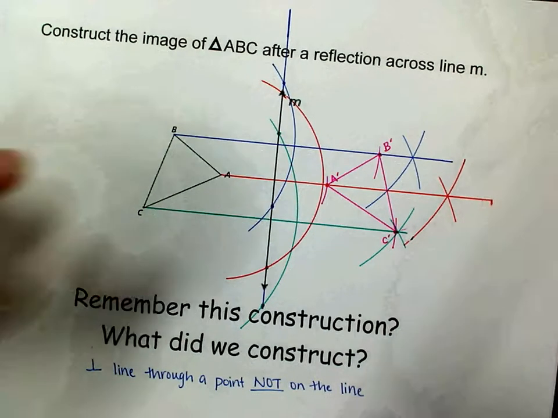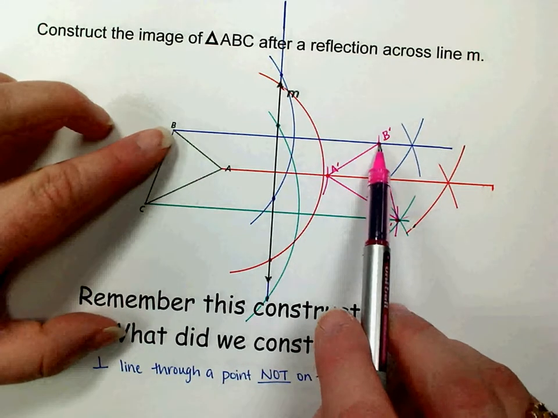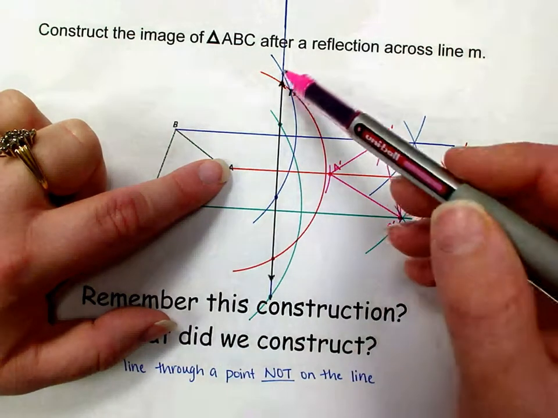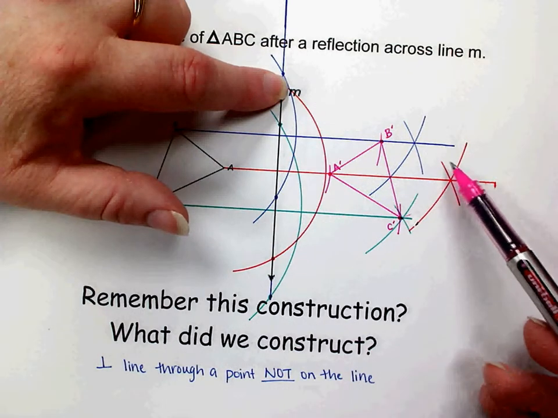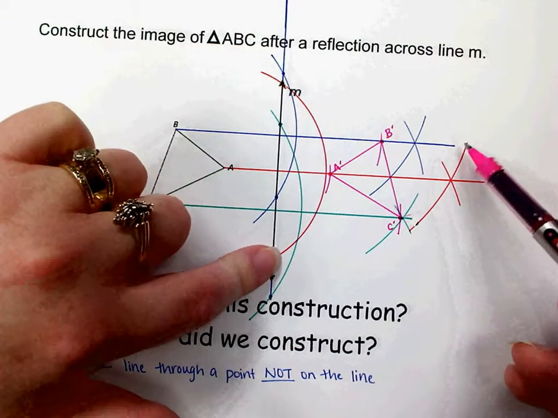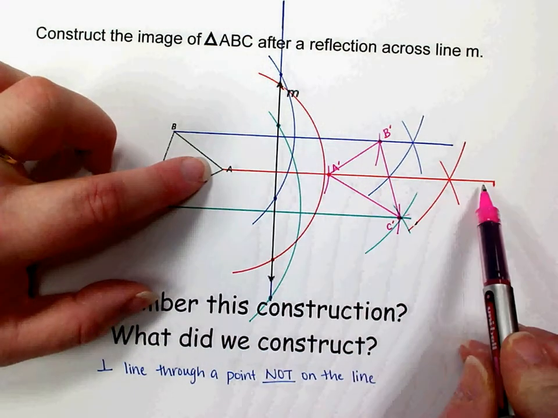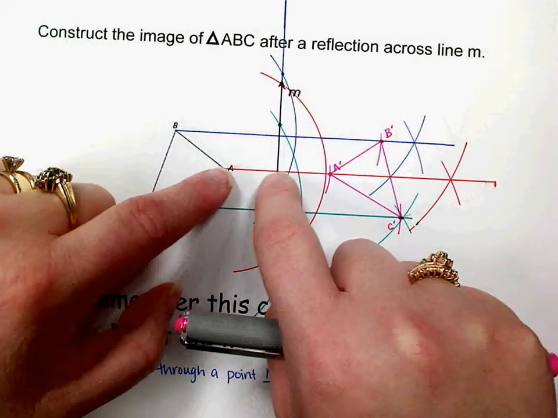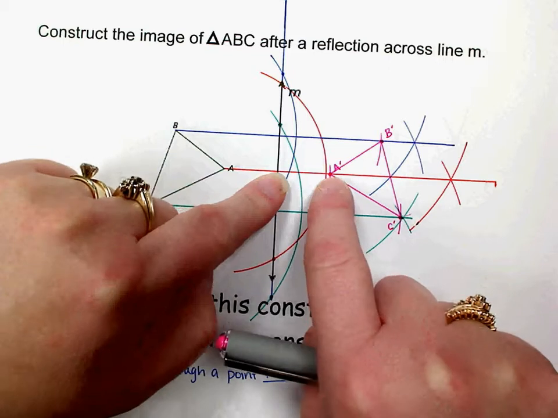So the blue one is the one we just did that found B prime. The red arcs are finding where to locate A prime. There's my arc, and then from this point I drew this arc and then this arc. And where they intersect, I drew a line that goes from A and is perpendicular to my line. Then I measured the distance A is from the line and came over here and made that arc, and that placed A prime right there.